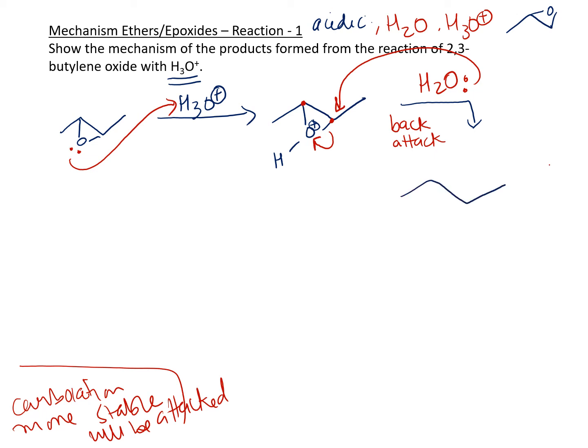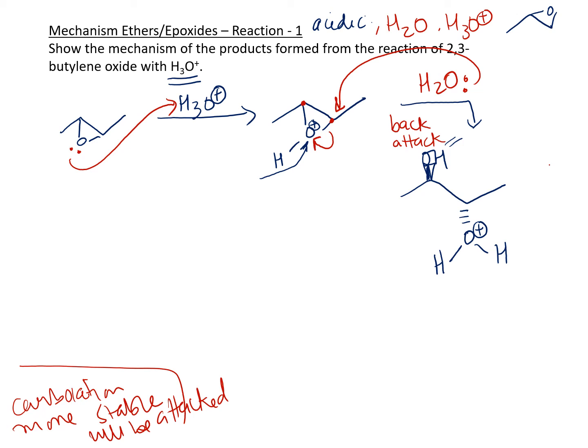So here we have this. As we said, there is a backside attack, which means the H2O is going to be at the back. Just leave everything in there, don't get rid of anything yet. Here we have the water, the oxygen attacked the carbon, so oxygen is the one that is bonded, and then this oxygen here is going to be in the front because the other water came from behind.